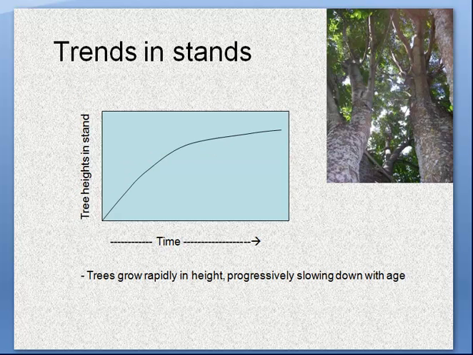Another trend over time, and you folks have shown that in your permanent growth plot data, is the whole idea of tree height over time. It's been shown that tree height rapidly increases early in individual trees or in stands, and then as the trees mature, the height slows down because it takes more and more energy for that tree to keep the whole thing going, providing sufficient nutrients.